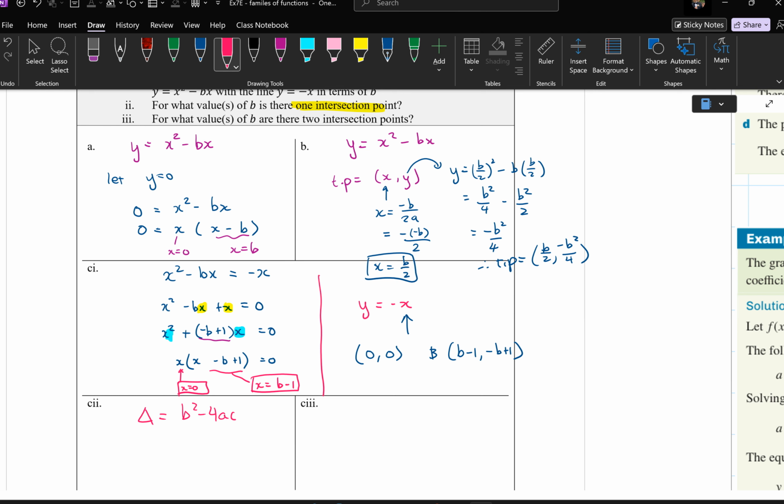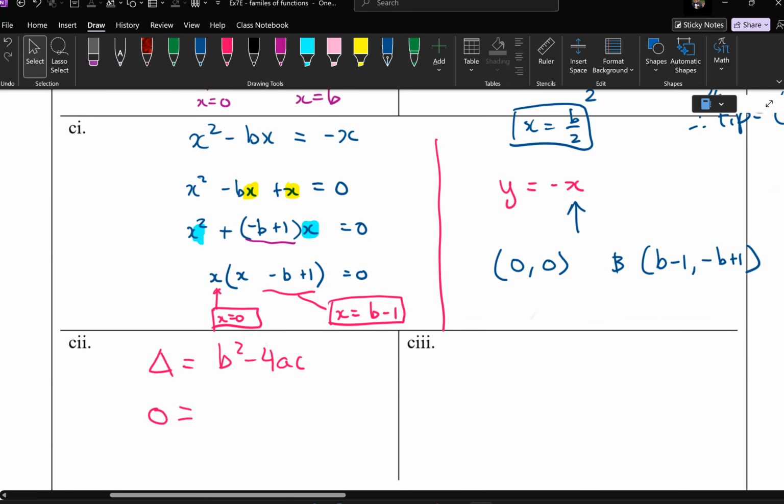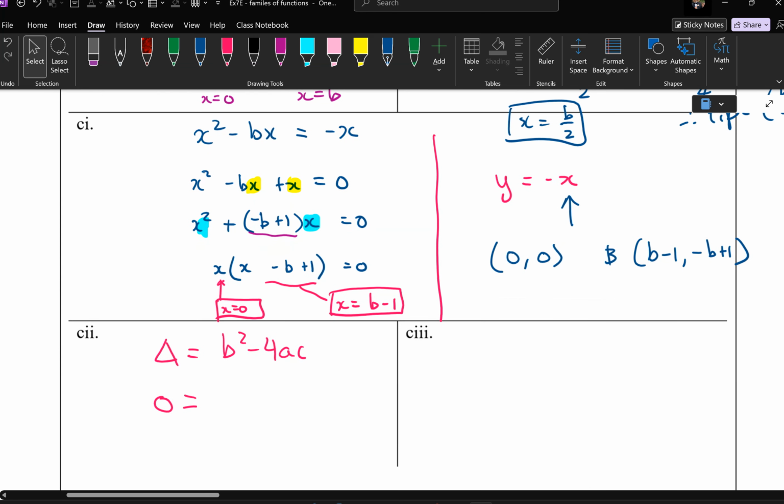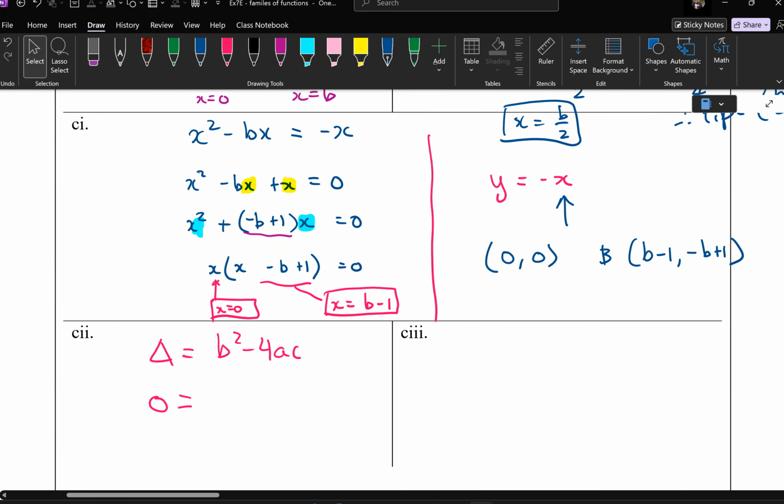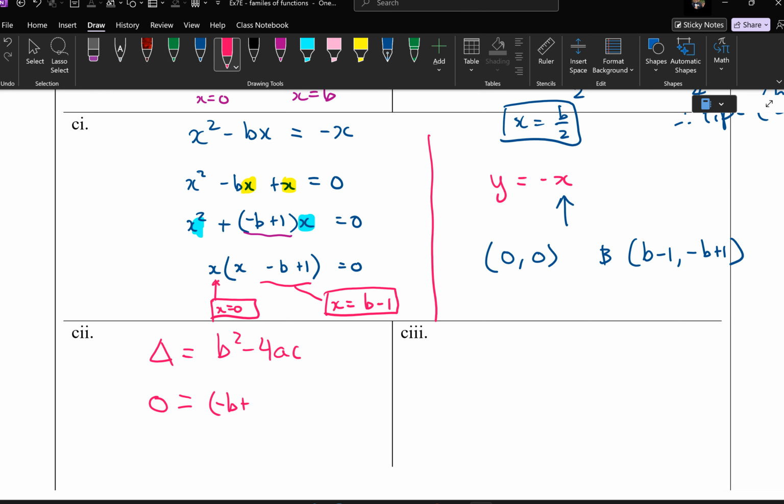If you want 1 intersection, discriminant should equal 0. So you need 0 is equal to b squared. Well, this is where it's useful to do what I did over here. So the b squared would have been negative b plus 1 squared minus 4 times a times c. Conveniently c is 0.